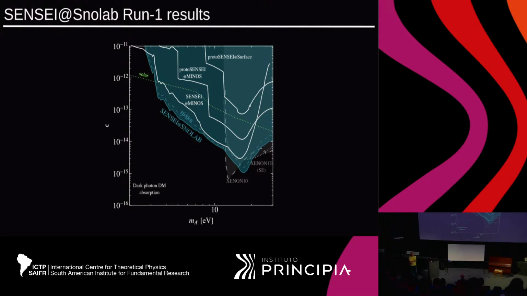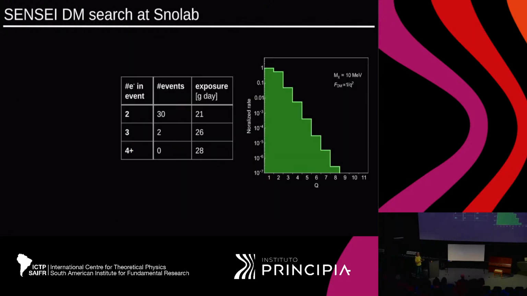Okay. When you showed us the table containing the number of events we have on SENSEI at SNOLAB, they're saying that we had 30 events with 2 electrons, for example.